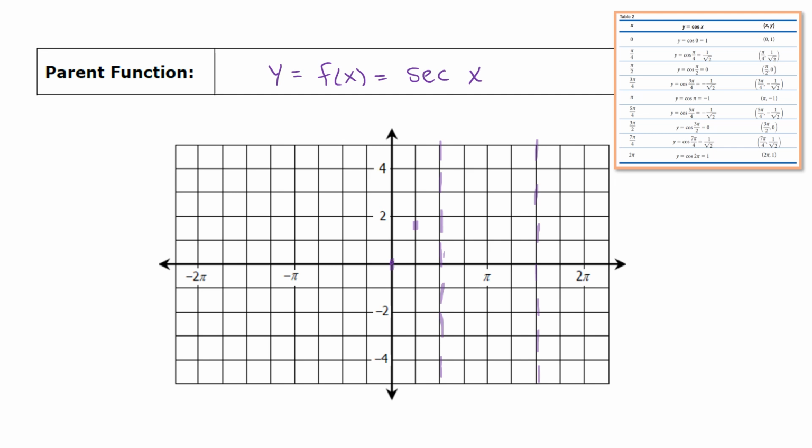Then we have negative 1.4. Then we have negative 1 and then negative 1.4. Then we have an asymptote. Then we will have positive 1.4 and then positive 1. So let's connect these dots. It's very similar to cosecant.